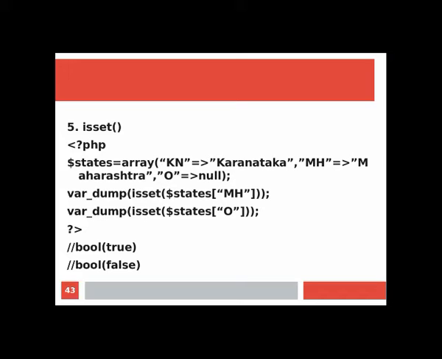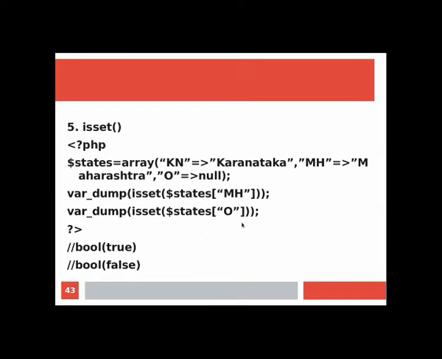See here, as I already told, this function does the same task, but the isset function does not return true for keys that correspond to a null value. So here it will give a boolean output. That's why in the first var_dump of isset($states["mh"]), mh exists with value Maharashtra, so the output will be boolean true.